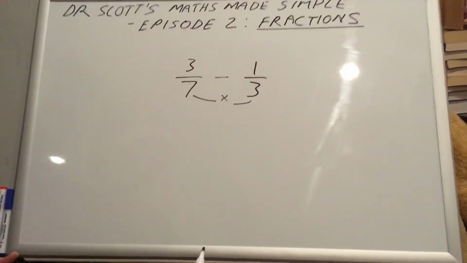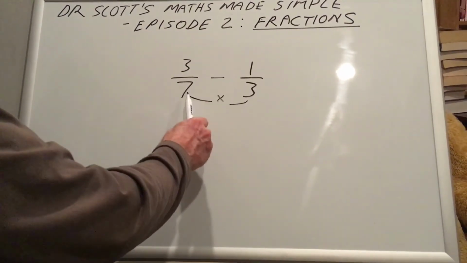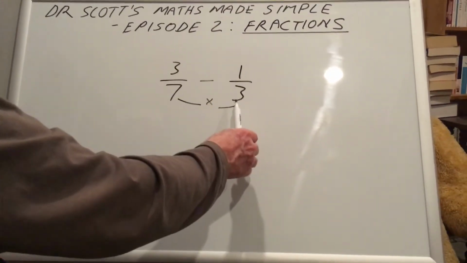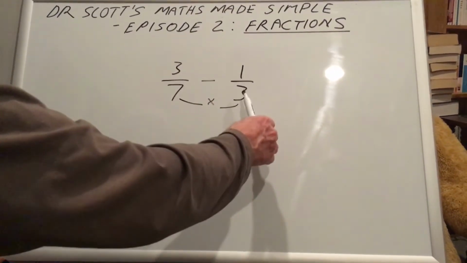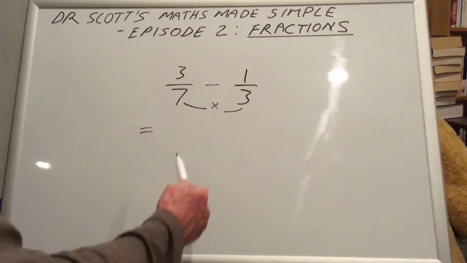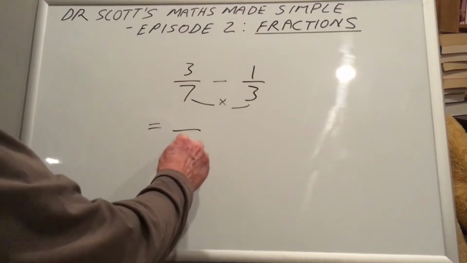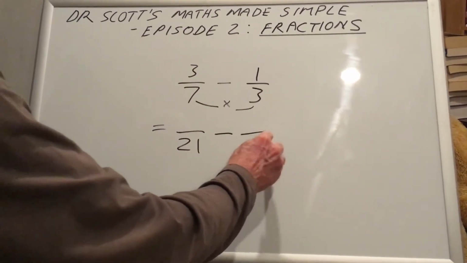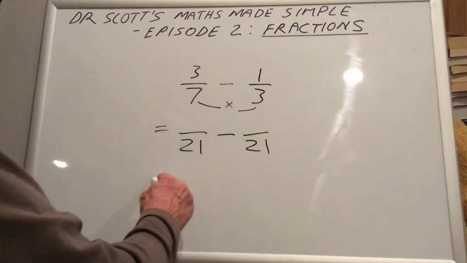Let's put 21 on the bottom because we know that 7 goes into 21 because 3 times 7 is 21, and we know 3 goes into 21 because 7 times 3 is 21. So something on 21 minus something on 21 equals.